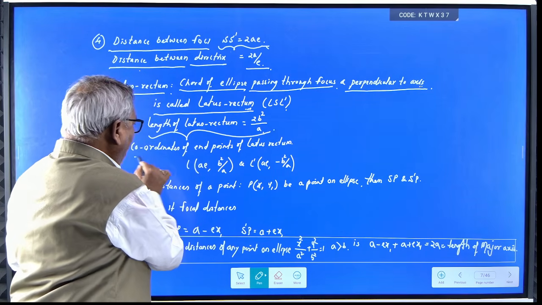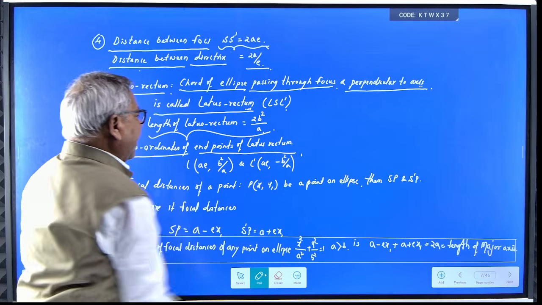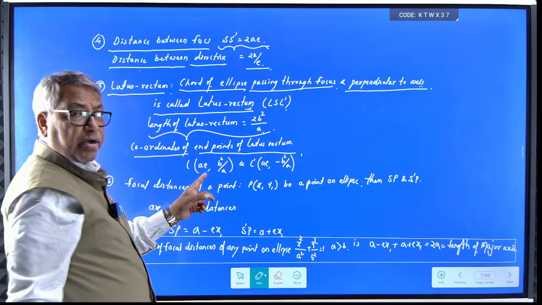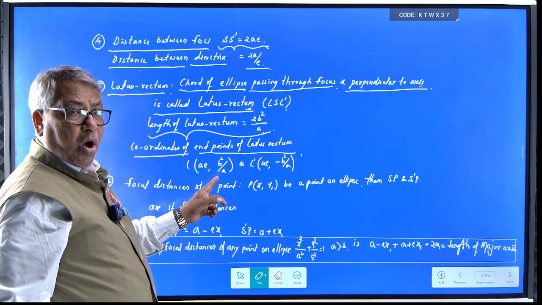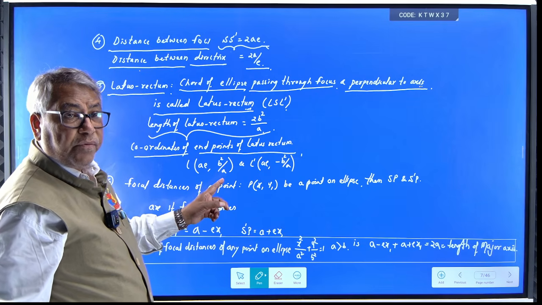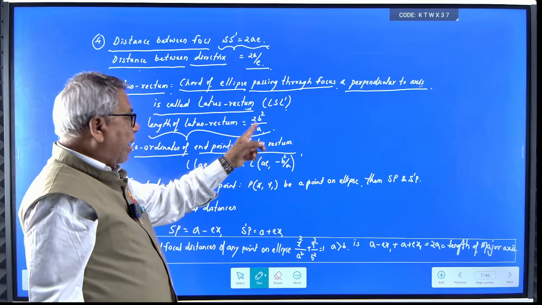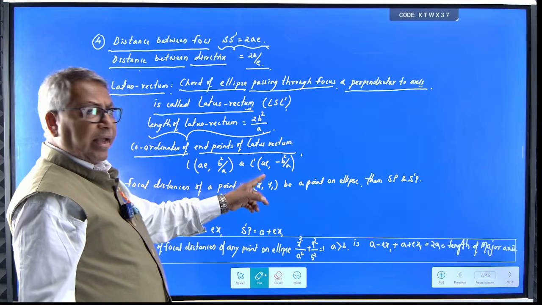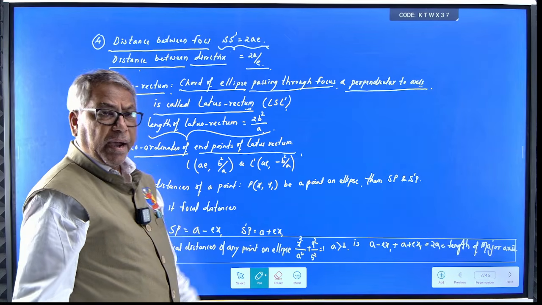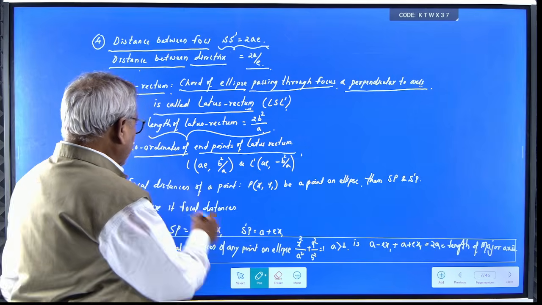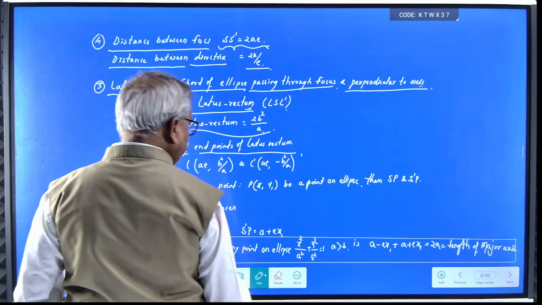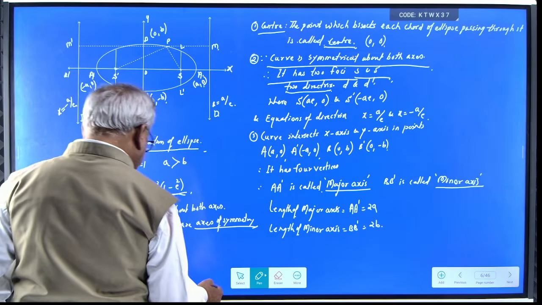The coordinates of the end points of the latus rectum L and L dash: L keeps the constant x coordinate of the focus S, ae, comma, b squared upon a, and L dash is ae, comma, minus b squared upon a. So these are the end points. I shall show you that.